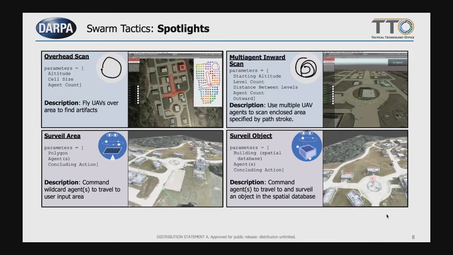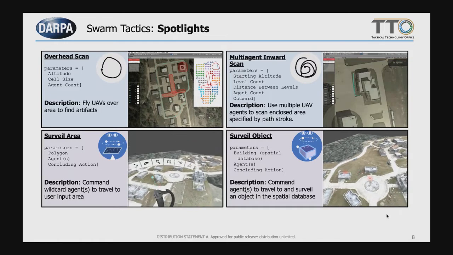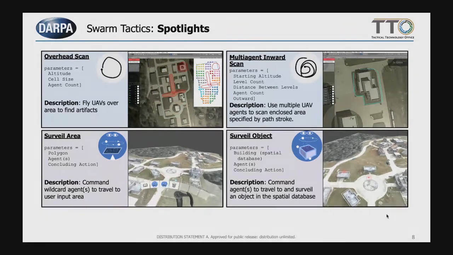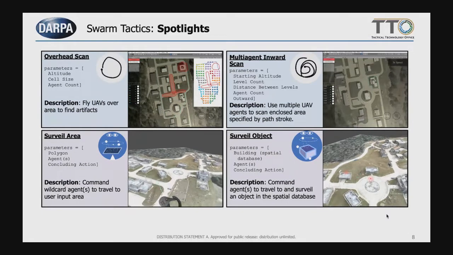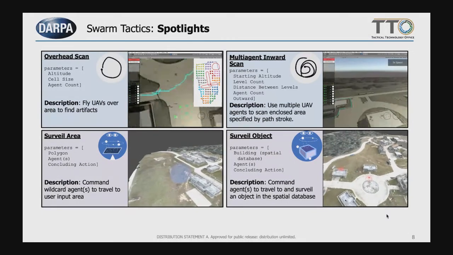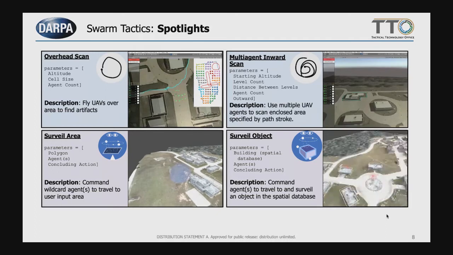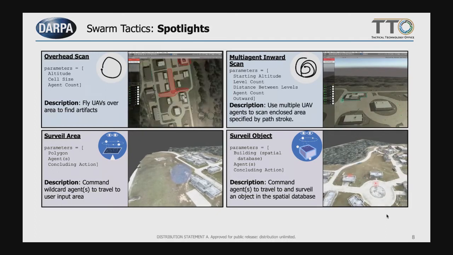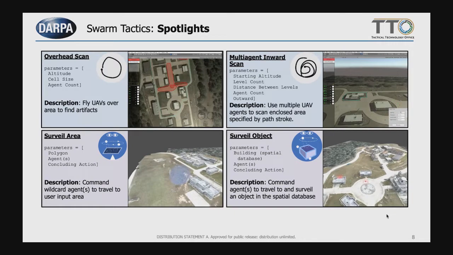And I know that I want to scan the walls. So in the upper right, I'm showing the sketching of an outline of a building. And now I use a scribble spiral-in type of gesture. And that invokes a multi-agent inward scan. In this case, it recognizes that we have 3D structure.